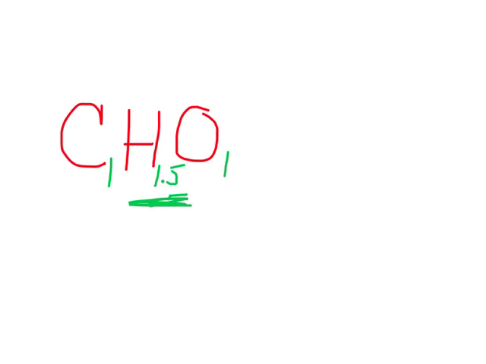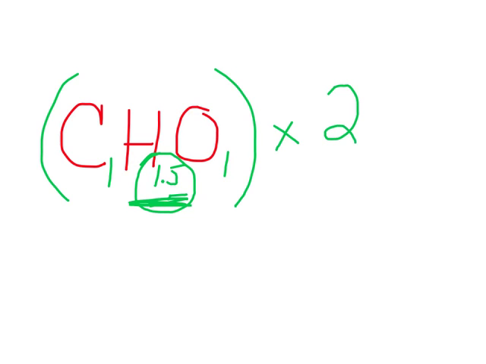So we have to do something to make sure the subscript isn't a decimal, that it's a whole number. The easiest thing is to multiply the whole empirical formula to get up to a whole number. If I multiply by 2, 1.5 times 2 is 3. So my actual empirical formula is C2H3O2.